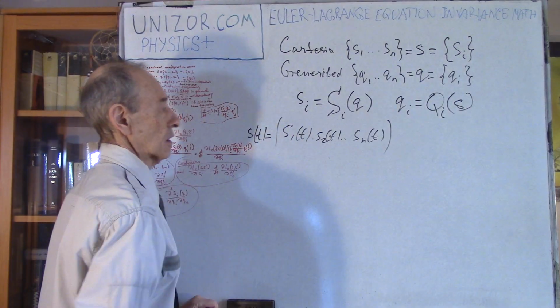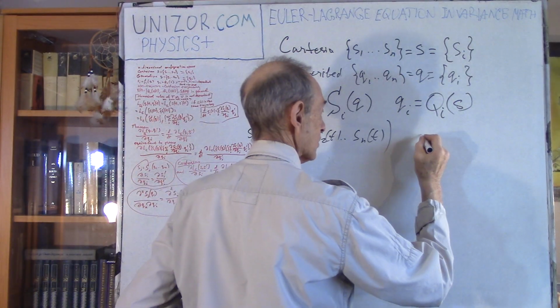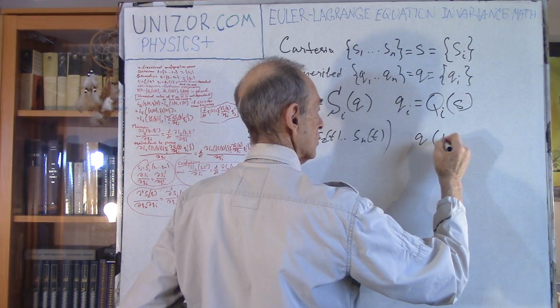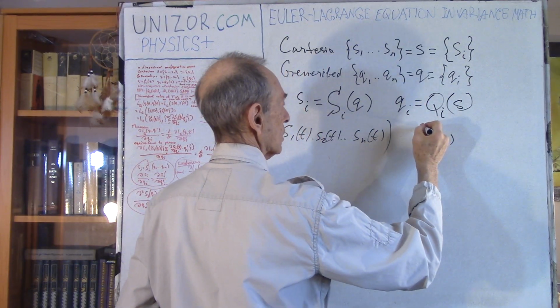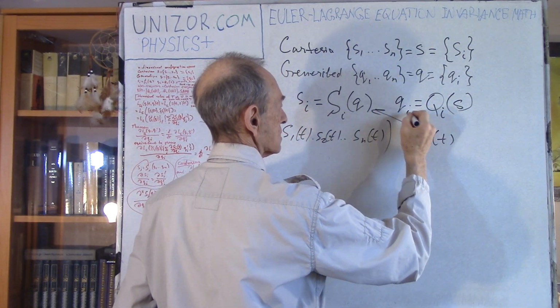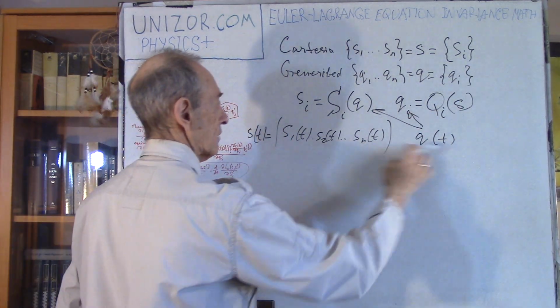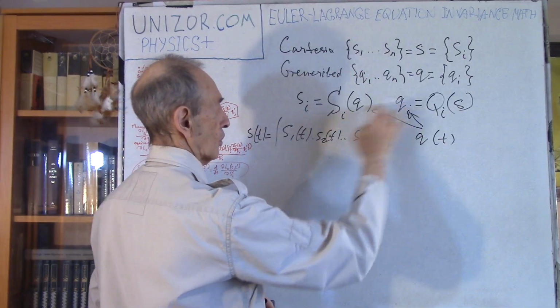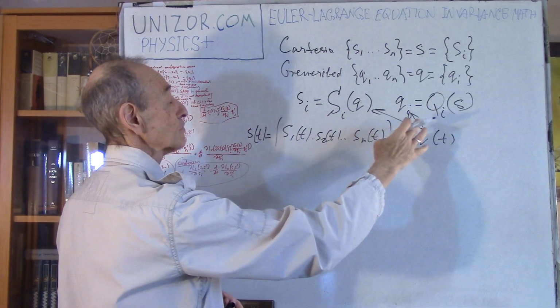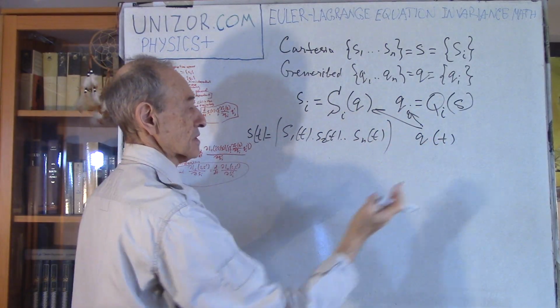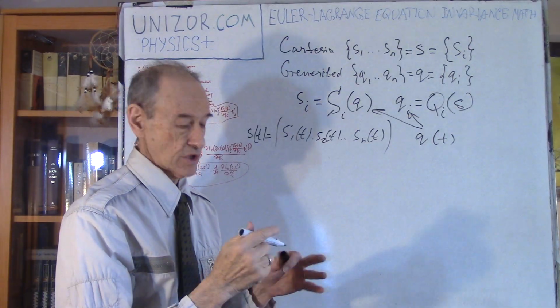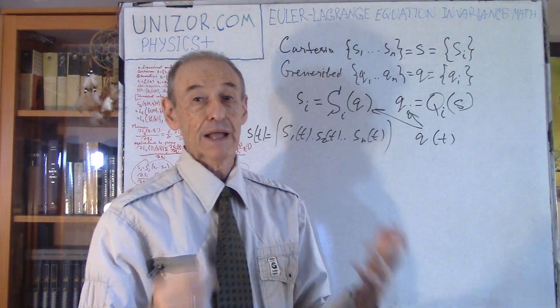It's a trajectory. Now, exactly the same trajectory is q of t, where q is related to s using this type of thing. So whenever we have coordinates transformable into each other, they describe the same physical trajectory. The physical trajectory is a reality.